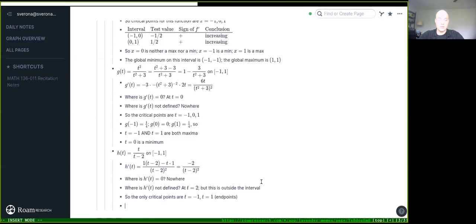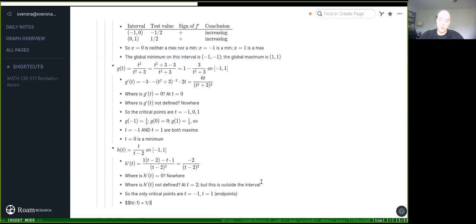And I can just plug those in, and that's pretty easy. h of -1 equals, that looks like it's going to be a positive 1/3. h of +1 is going to be 1 over -1. I keep saying x. So t equals -1 is a max, and t equals +1 is a min.